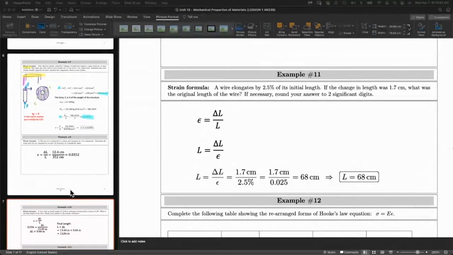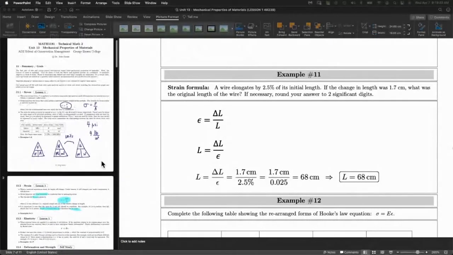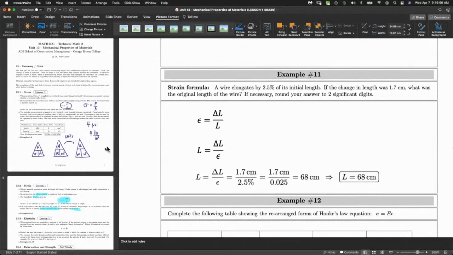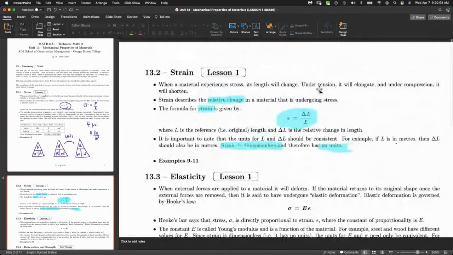Okay, so where are we now in terms of the physics? I've talked to you about how it's important to understand the concept of stress because stress tells you how a force is distributed through a material. I've also talked to you about strain, where strain refers to the percentage, if you want, or the relative change in length of the material.